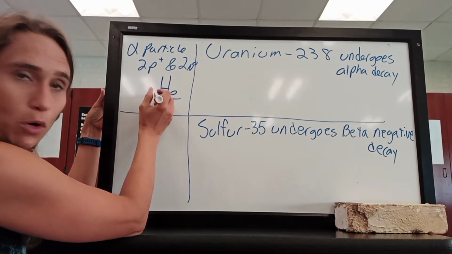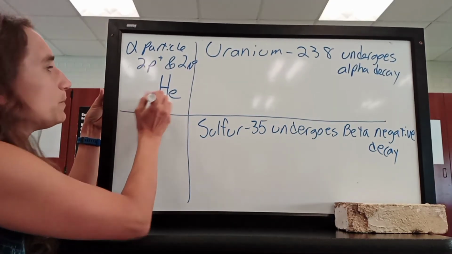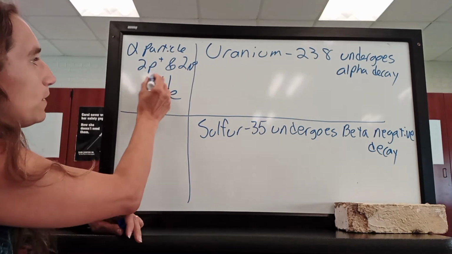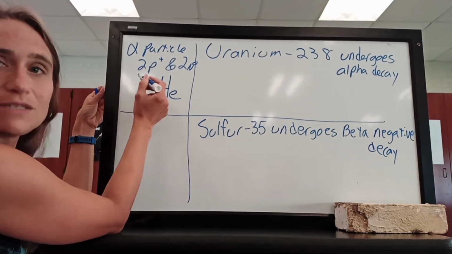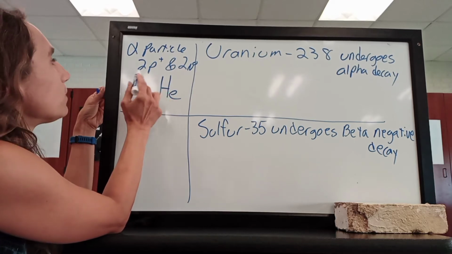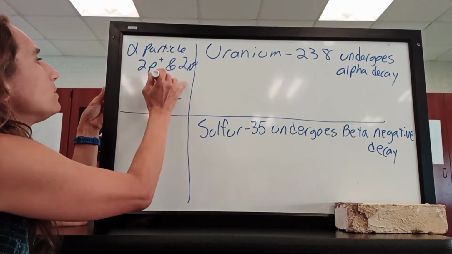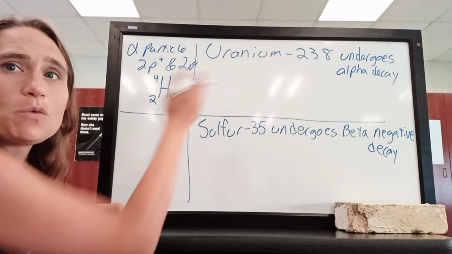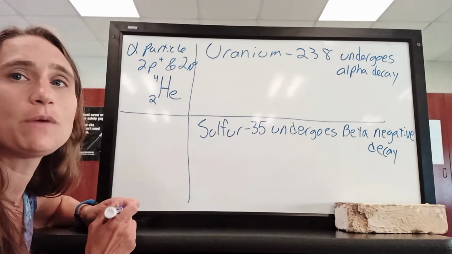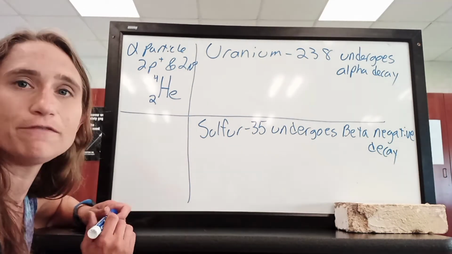There's 2 protons, which gives me an atomic number of 2. And then I put the mass number on the top. I have a sum of 4, the sum of my protons and my neutrons, so I'm going to put a 4 up here. That's my alpha particle.